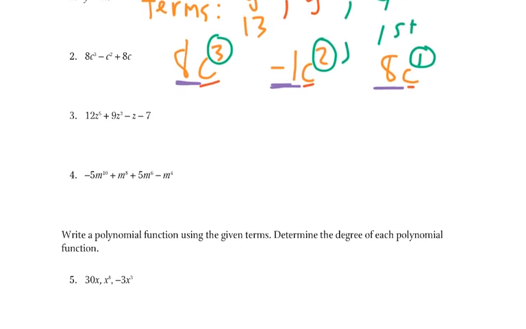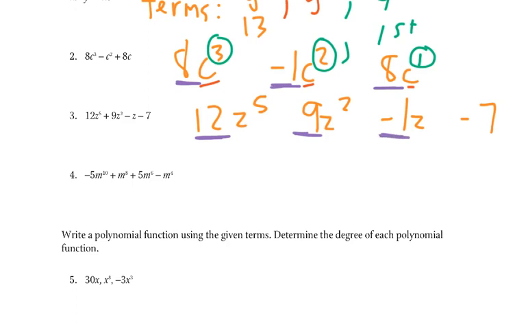So 3, we've got 12z to the fifth plus 9z squared minus z minus 7. So our terms, we've got 12z to the fifth, 9z squared, negative 1z, and negative 7. So we've got four terms here. Now, we've got a couple of coefficients, right? 12, 9, negative 1, not negative 7 because there's no variable to it.